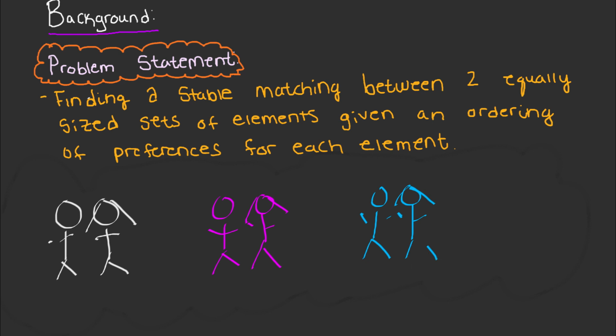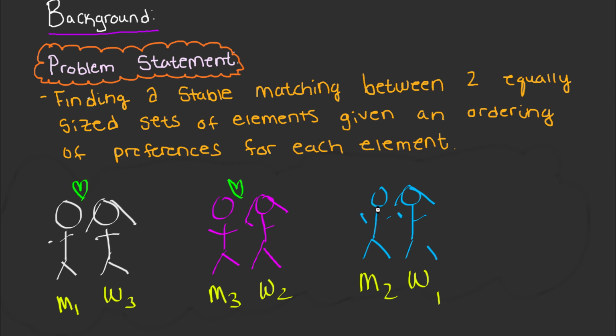So what we're saying in the use case of stability is that this would be man 1 and say woman 3, man 3 and woman 2, and say man 2 and woman 1. So this is the end result of, say, we did some matching, and this is what the result came out to be. We're saying that this would be stable if these people are happy together, these people are happy together, and these people are happy together.